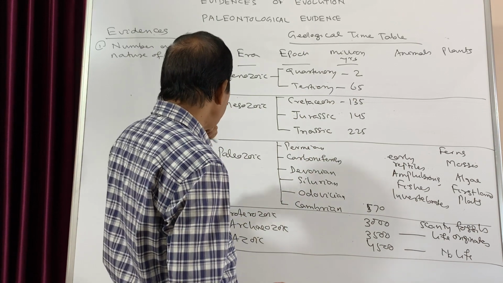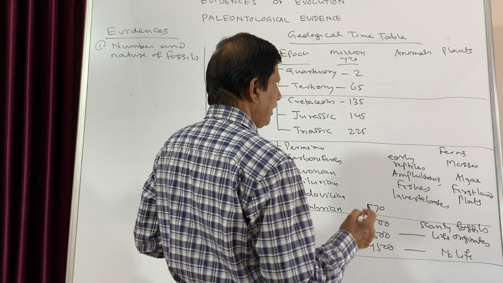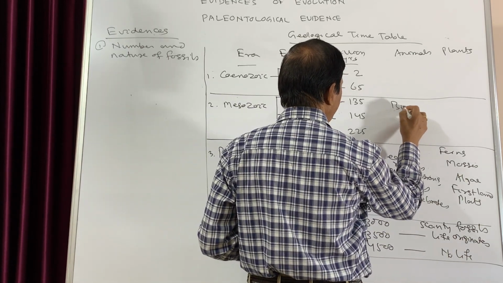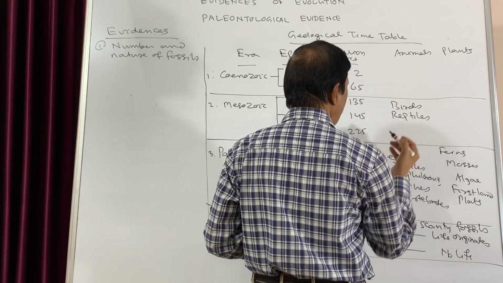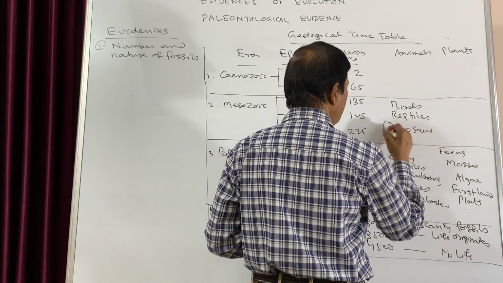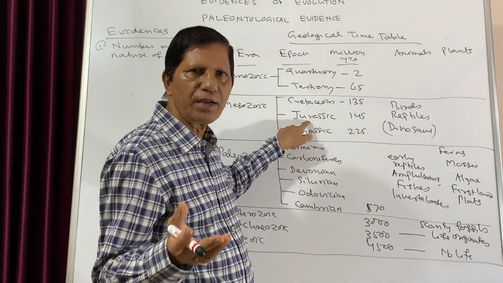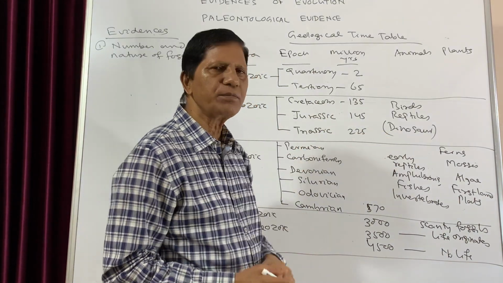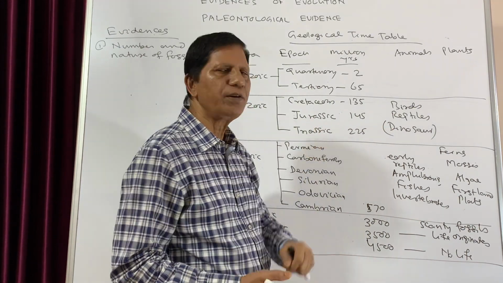Now, if we come to this Mesozoic, in Mesozoic we will get the different types of birds, reptiles, and the most prominent is dinosaur. The dinosaur was dominant during this Jurassic period. If you have seen that cinema Jurassic Park, the dinosaur was dominant during this Jurassic period, and the fossils of dinosaurs belong to this period.